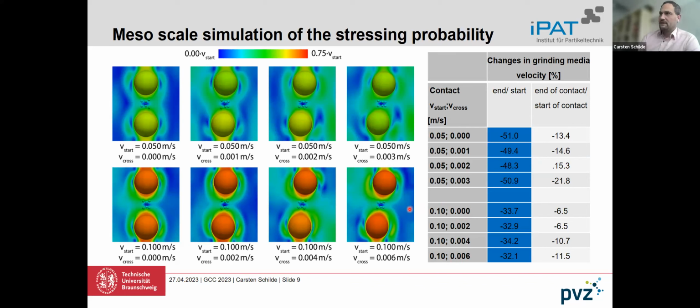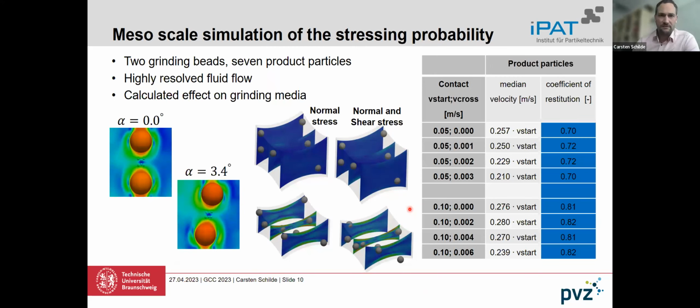And then you use this, and here on the right side, you can see it a little bit, take a look at what's happening with the coefficient of restitution, but you can also take a look at what about the capture probability if you have, for example, as shown here in the table on the right, an increasing shear velocity, not only normal velocity, what's happening in shear direction or even rotational direction.